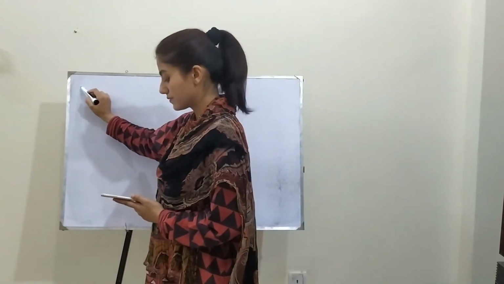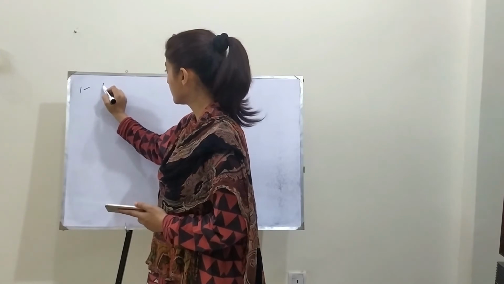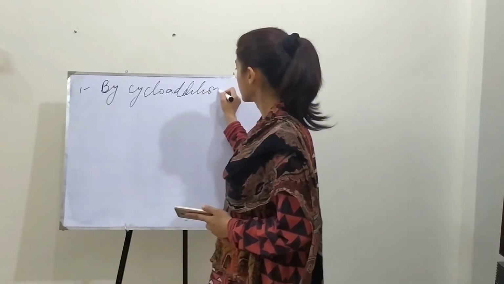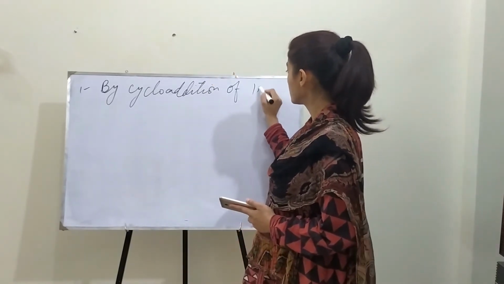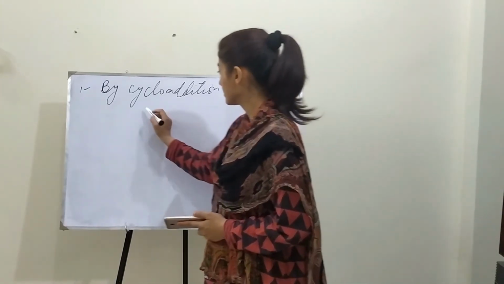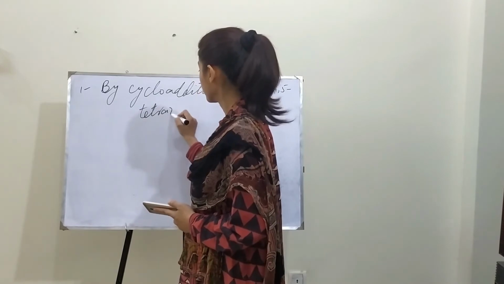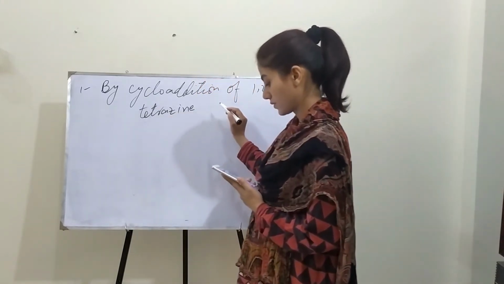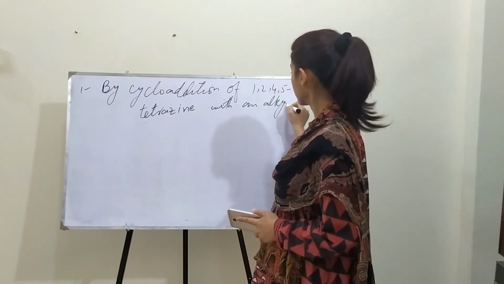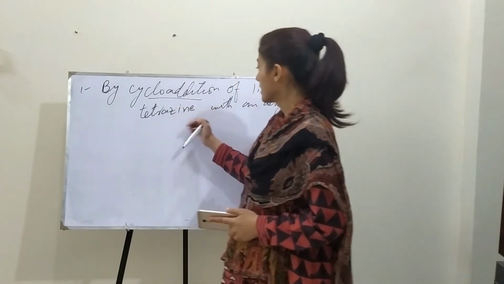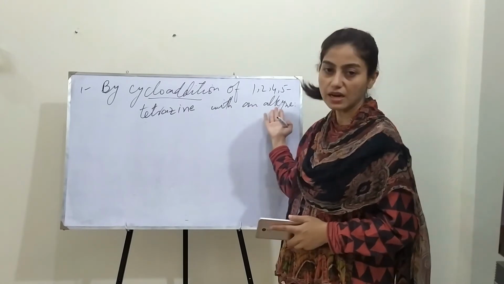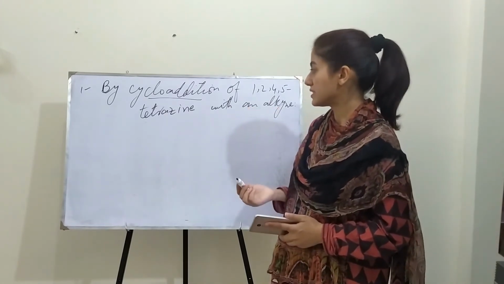The first one is by cycloaddition of 1, 2, 4, 5 tetrazine with an alkyne. So the 1, 2, 4, 5 tetrazine reacts with an alkyne to form pyridazine.